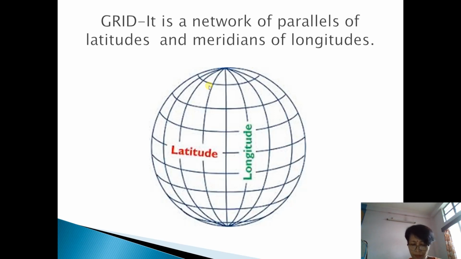There is numbering like a, b, c, d, which are actually names of places to show how we can locate. Those capital letters a, b, c, d, e indicate the latitudes, and the numbers 1, 2, 3, 4 are used for the longitudes.